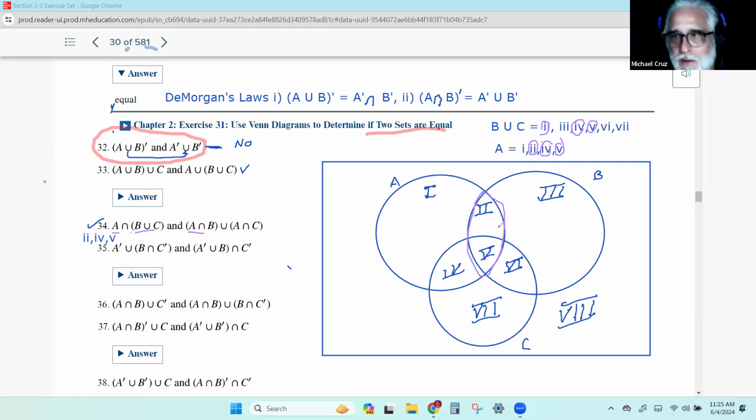All right, that's A intersection B. So A intersection B is 2 and 5.